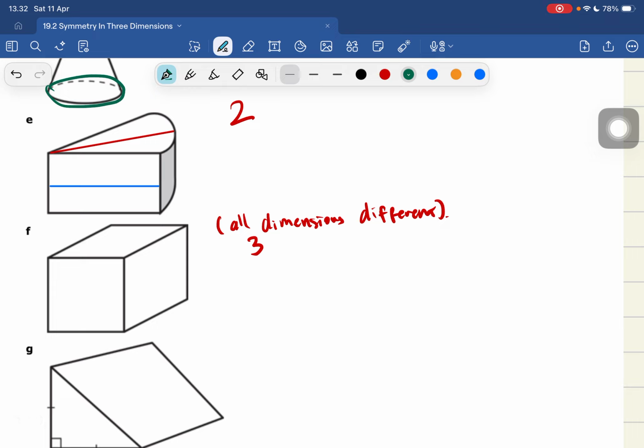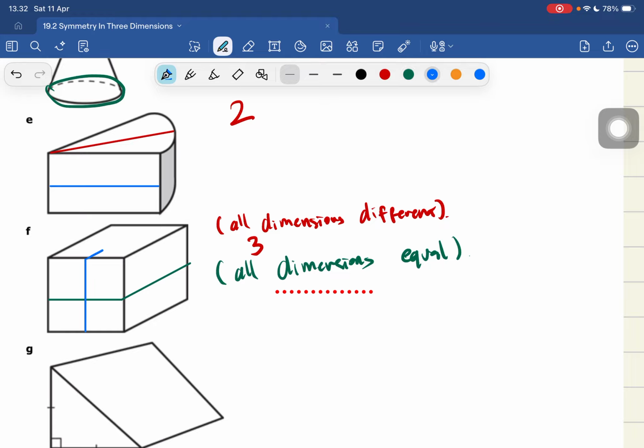Okay, if all our dimensions are equal, so first we can cut it this one, and then 2 from here, from here 3, four, go on, 5.